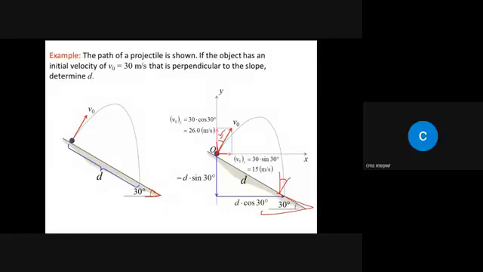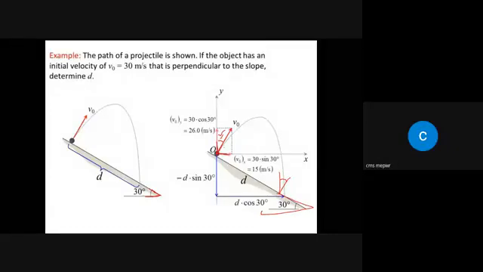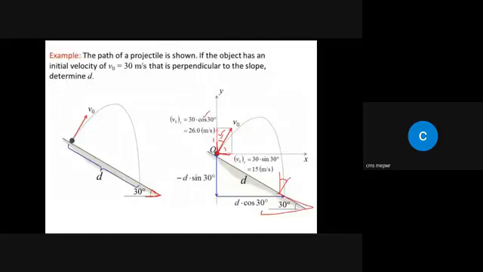Okay, so v naught x will be 30 sine of 30, right? And angle इस side पे है, so v naught y will be v naught cos of 30, right? Clear है यहाँ तक? So ये values मैंने identify कर ली.